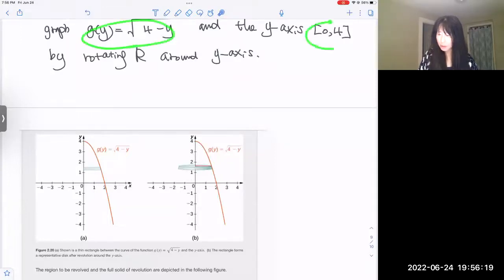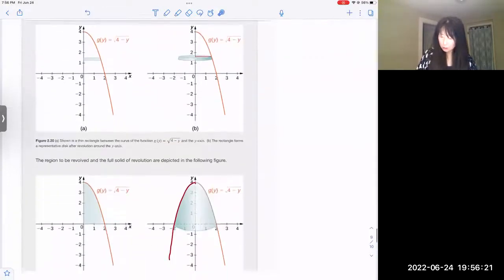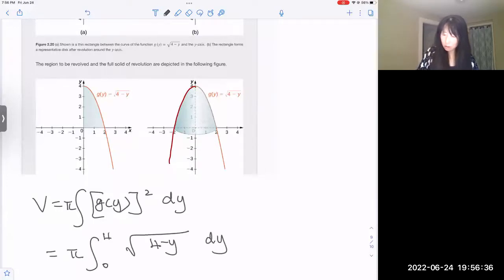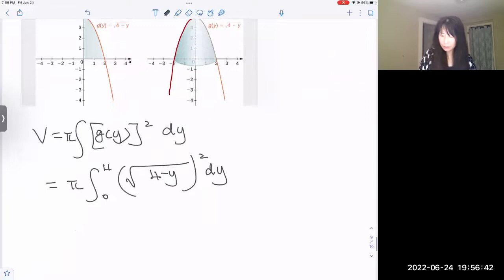So everything is given, right? 0 to 4, 0 to 4. So the y interval, we are using it. And the quantity squared. Okay, now we have pi, integral from 0 to 4, of 4 minus y dy.